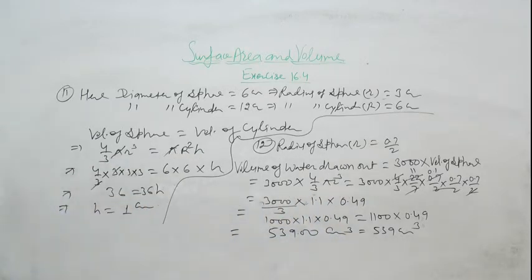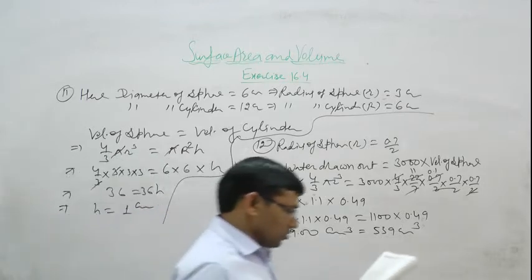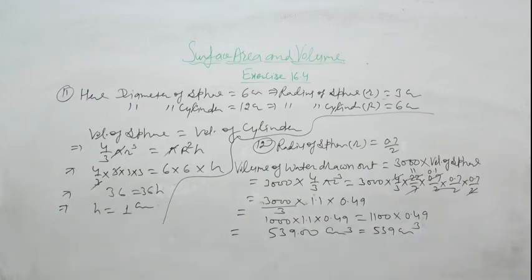This is the volume of water drawn out. The volume of water drawn out is 539 centimeter cube.